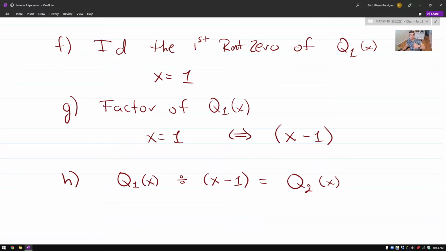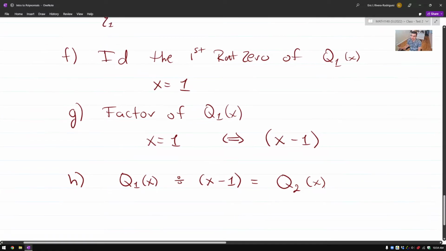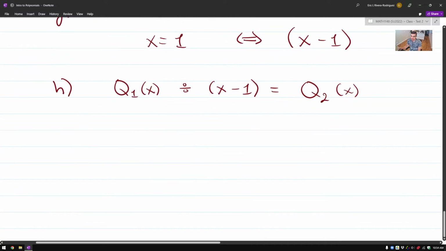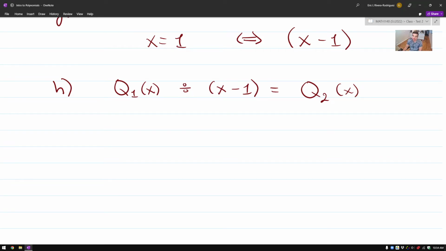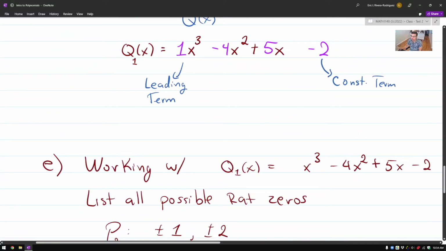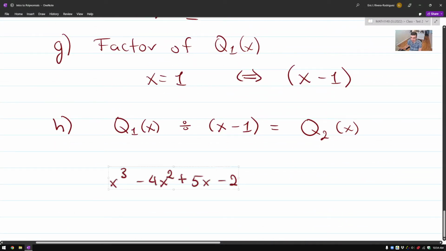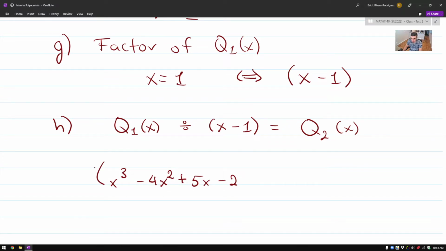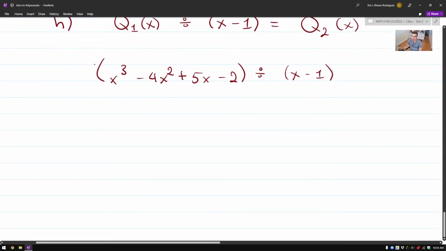This quotient is going to have a degree of 2. So synthetic division again. I want to copy and paste this. So this is the polynomial, and we are dividing it by x minus 1.